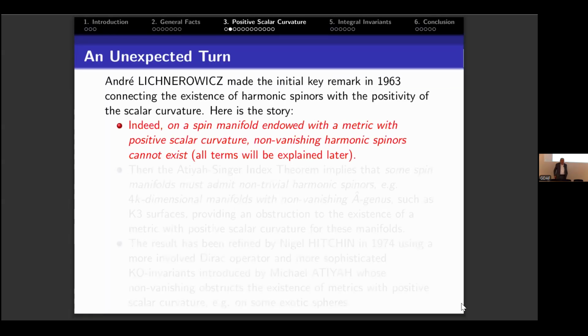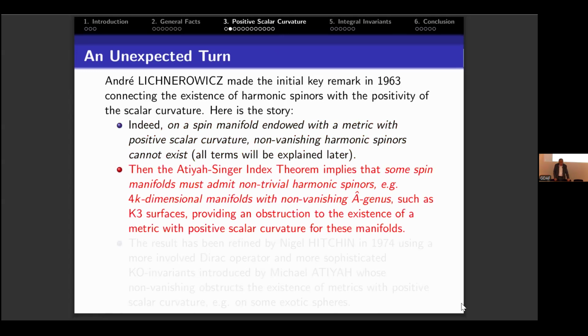Here is the story. On a spin manifold, which I will explain what it means, endowed with a metric with positive scalar curvature, non-vanishing harmonic spinors, I will explain what they are, cannot exist. And there are topological reasons why harmonic spinors must exist. So therefore, as I will explain, you will have an obstruction to the existence of positive scalar curvature.